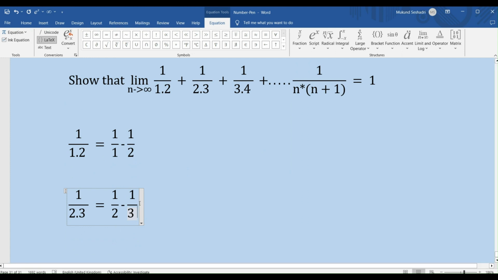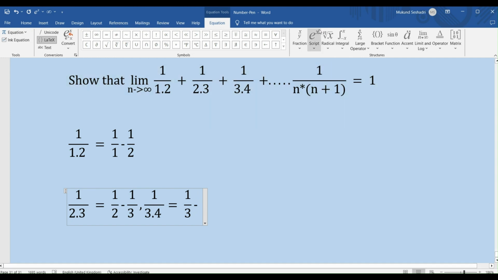Similarly, 1 divided by 3 into 4 can be written as 1 divided by 3 minus 1 divided by 4. I hope you folks are with me.